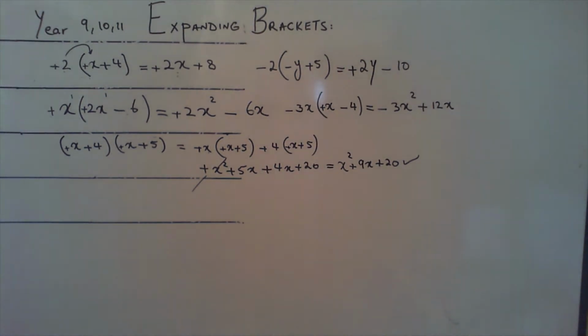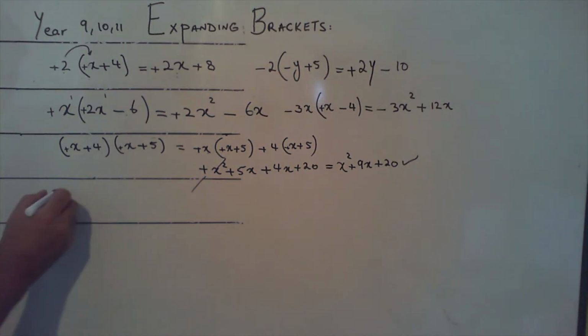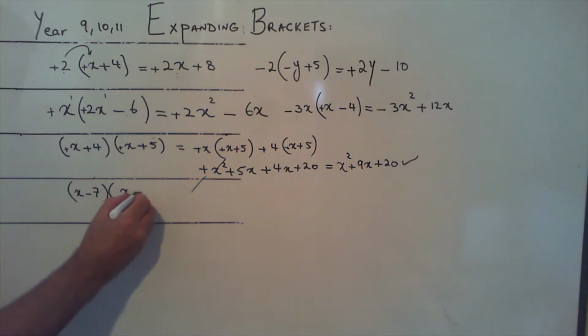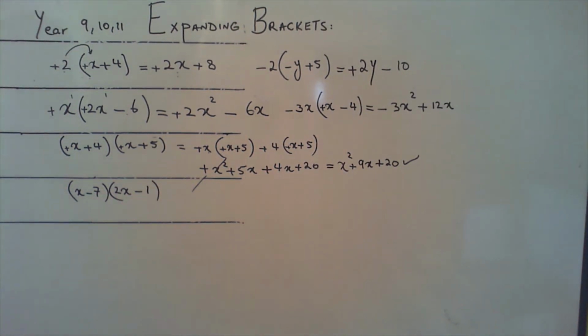Okay? So we write another one which is different signs. For example, I'm going to write x minus 7 times 2x minus 1. The good thing about the whole of mathematics is that once you get the fundamental rules, it is going to be applicable to all of the questions.